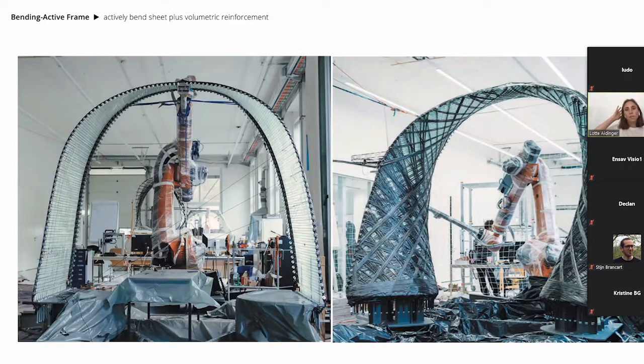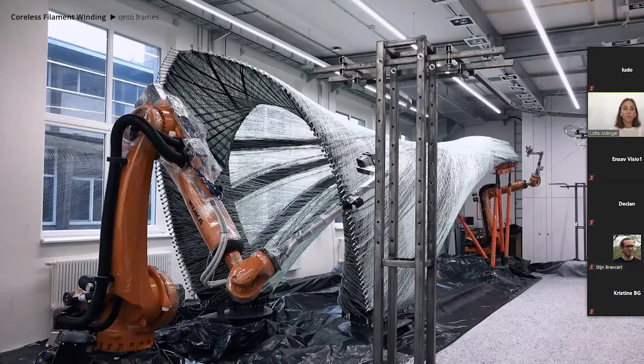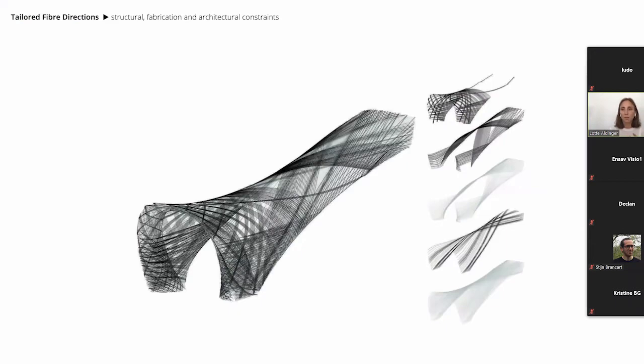And then it must be volumetrically reinforced from the inside, and also with carbon fiber, so that it really becomes a strong performative frame, onto which the fibers can then be placed. And also for the placement of the fibers, it's crucial to have the double curvature, because this dictates the possibilities of fiber directions.